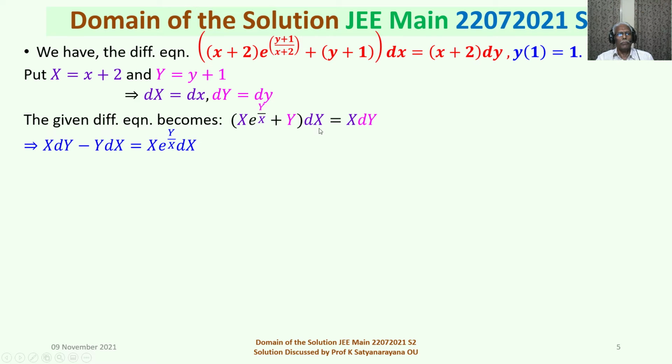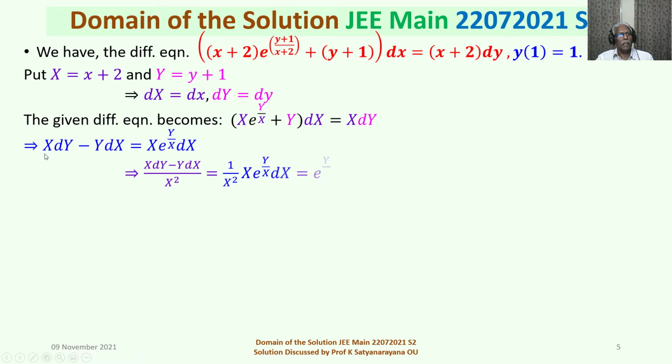Now we can write the above differential equation as X dY minus Y dX is equal to X e^(Y/X) dX. Agreed. Now we see X dY minus Y dX here. Therefore, we will multiply throughout by 1 by X squared.